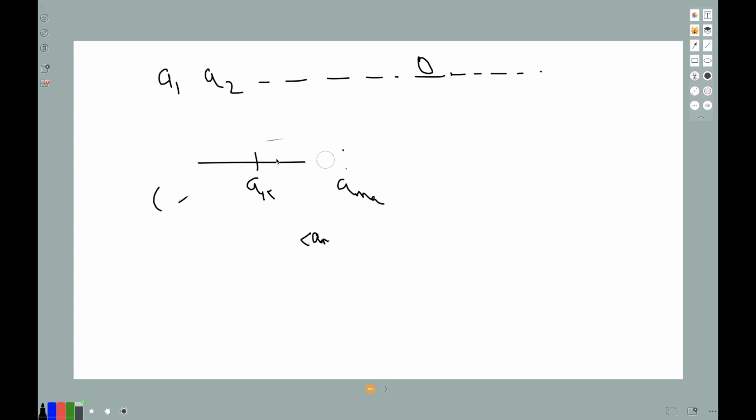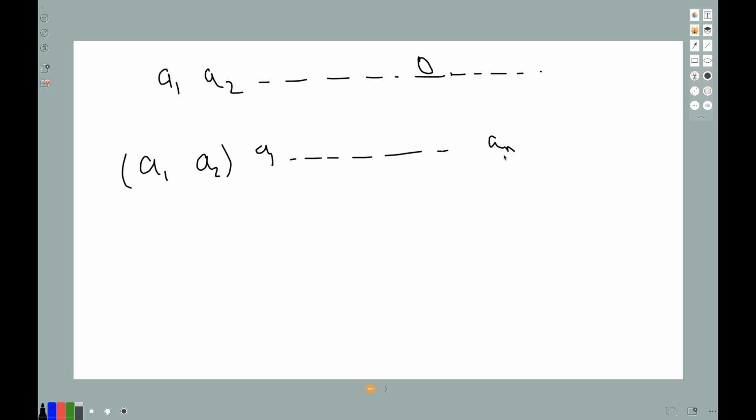Okay, so now let me just remove this. Now let's pick two random values. So for now, let's say I fix these two values, and then I iterate over all a3 to an, right? And obviously, if among a1 and a2, one of them is 0 and one of them is a max, then everything would be a max, and I won't be able to tell what the other values are.